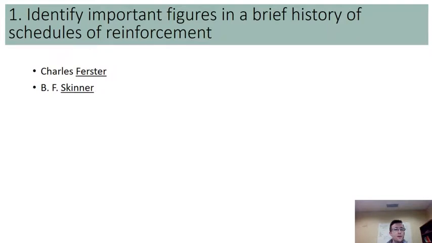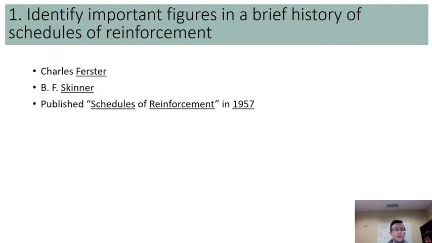And there were other important people who contributed, or who were significant in the history of schedules of reinforcement, but Charles Ferster and B.F. Skinner were particularly important figures, if not the most important or the most influential. And together, Ferster and Skinner published this seminal book, Schedules of Reinforcement, in 1957.